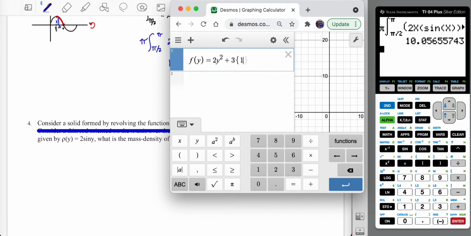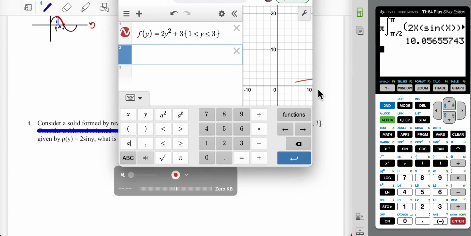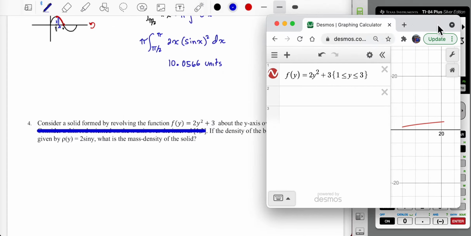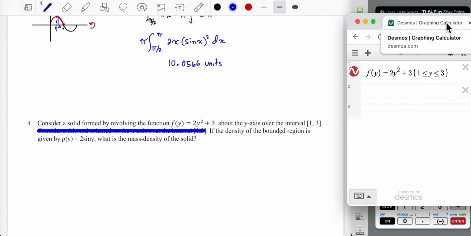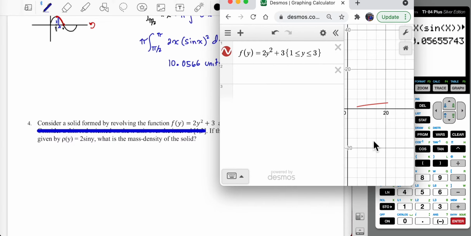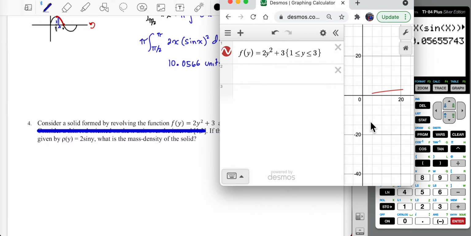All right, so 1 less than or equal to y less than or equal to 3. All right, so we're spinning that around the y-axis. All right, so we have an idea of what the function is going to look like, and we just do a rough sketch here.